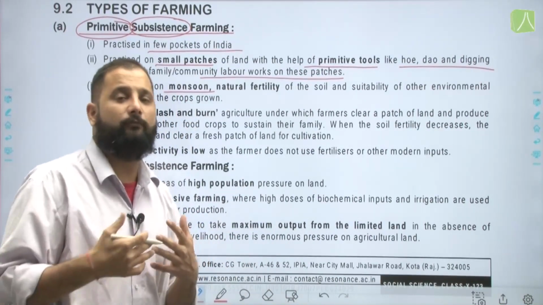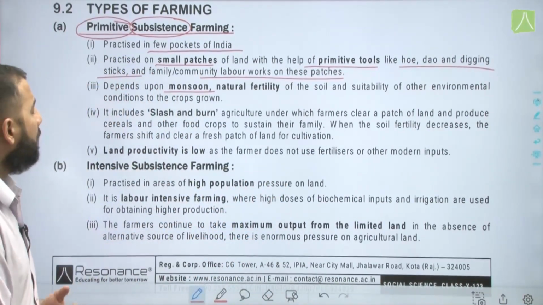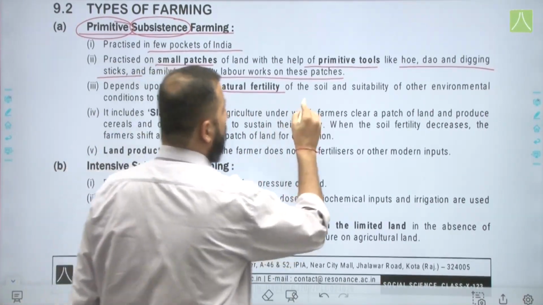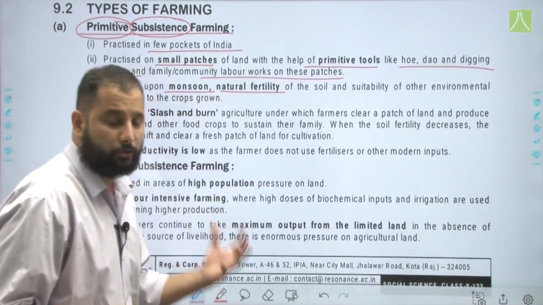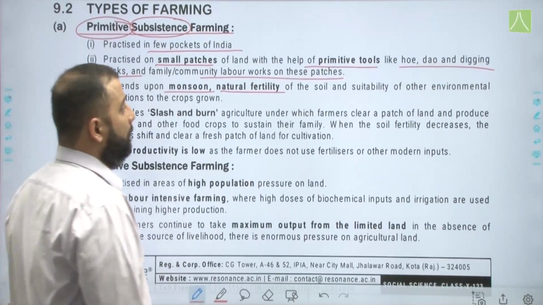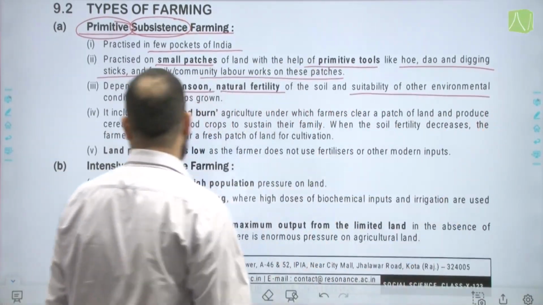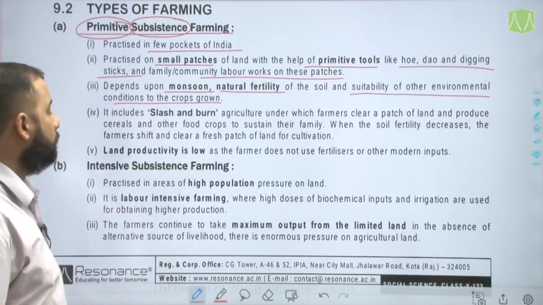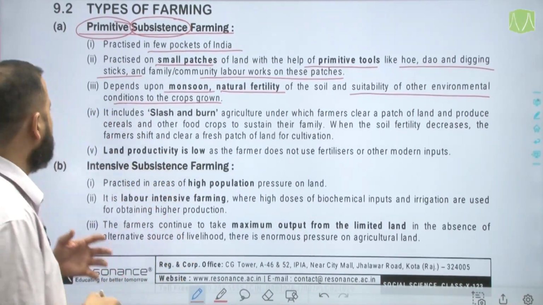These are communities cultivating on community land. It depends on the natural fertility of the soil, because they do not have resources to buy fertilizers, and the suitability of other environmental conditions to the crop grown.